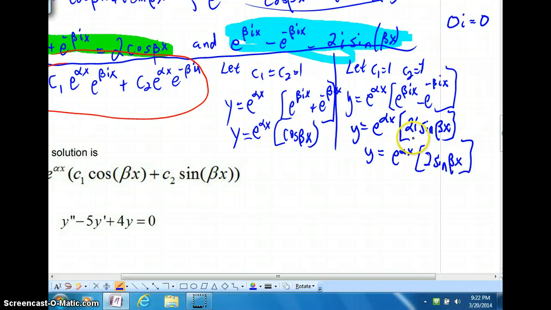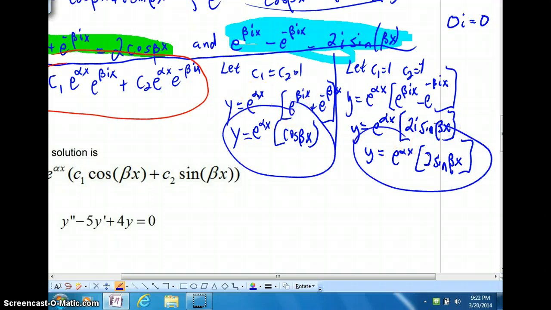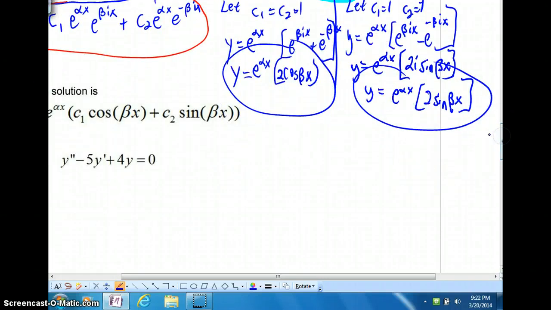Well, what we're really seeing right now is these two quantities right here, and forgive me, I think I left off a 2 for the addition term. You could see that e to the alpha x times 2 cosine beta x is a solution. E to the alpha x times sine of beta x with a 2 out in front would work as well. How about we realize that the 2's are just constants in and of themselves?